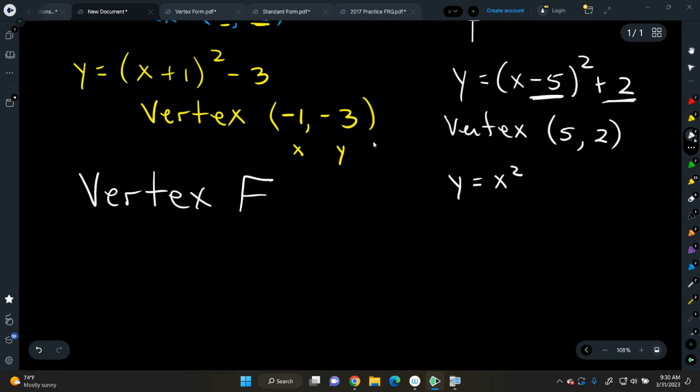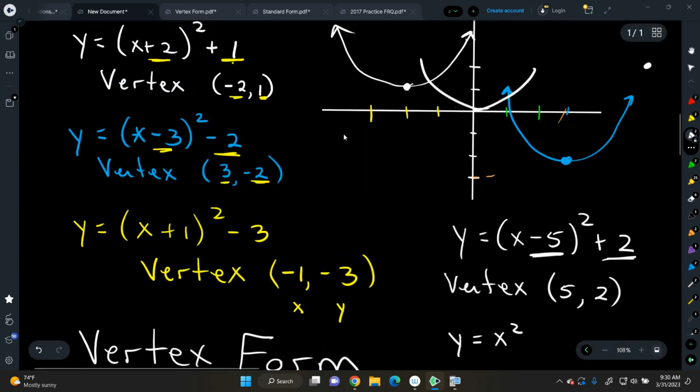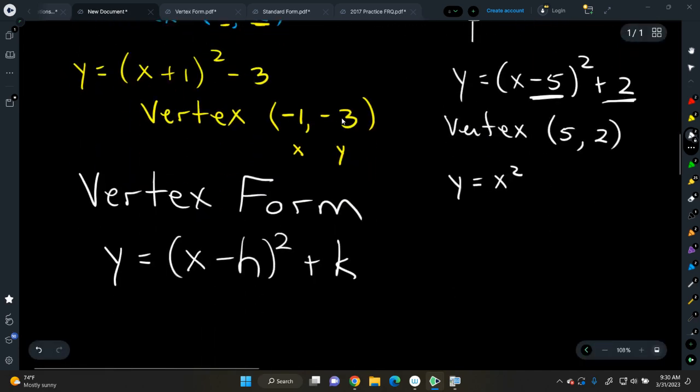Okay, this is what we call the vertex form of this equation. The vertex form of a quadratic equation looks like this. Y equals (x minus h) squared plus k. Now, I didn't introduce that initially because the h and the k kind of scare everybody, right? So we looked at a bunch of examples and we can see how it moves, okay?